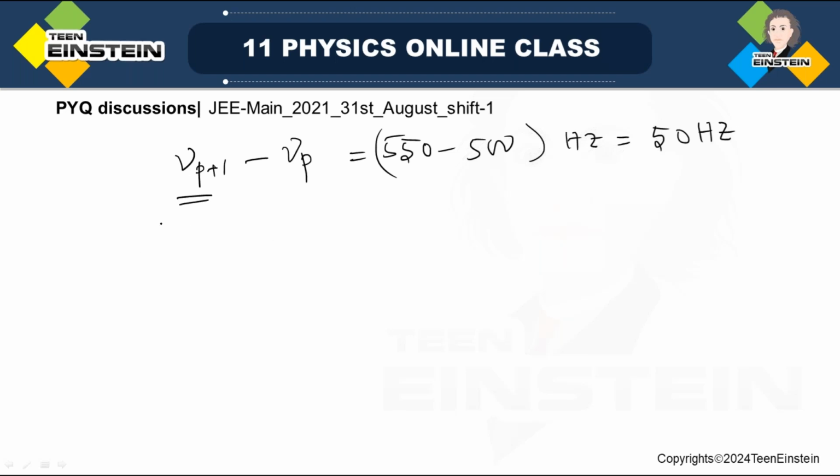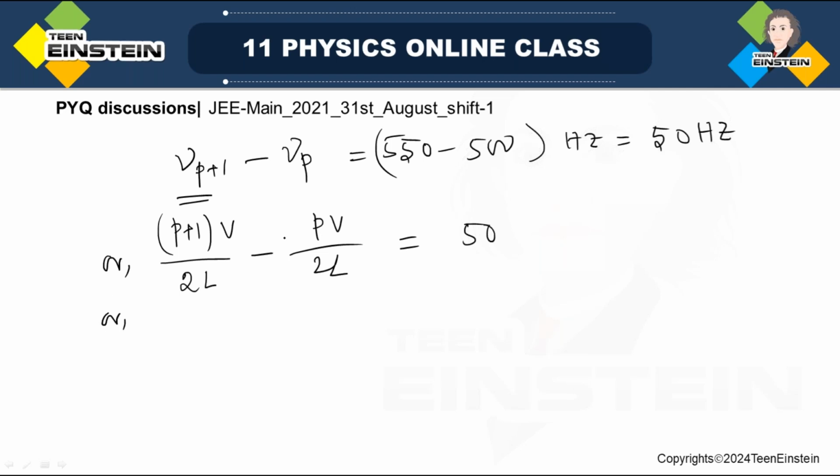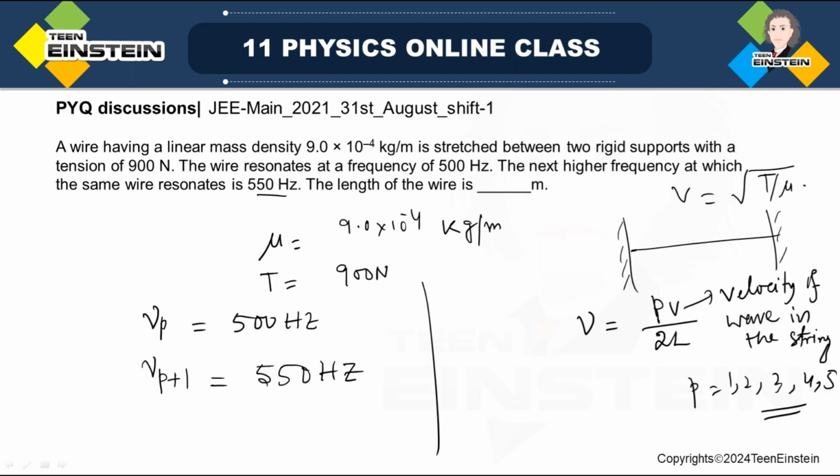Now I can write (p+1)V divided by 2L minus pV by 2L, which is 50 hertz. So p will cancel out, and we get V by 2L is equal to 50. We have to find out the length of the string.